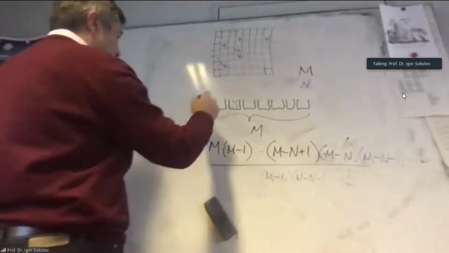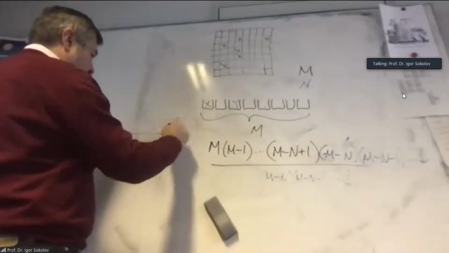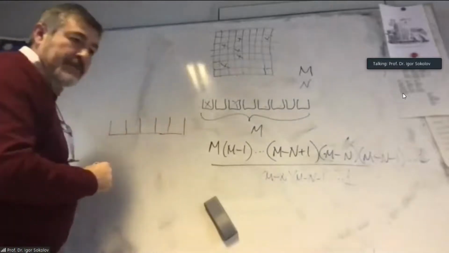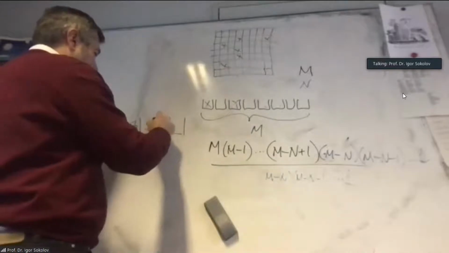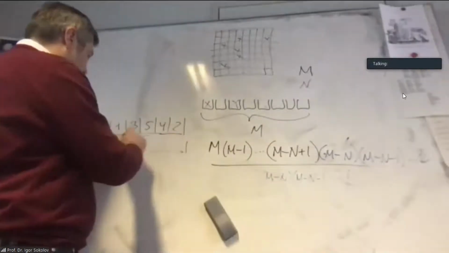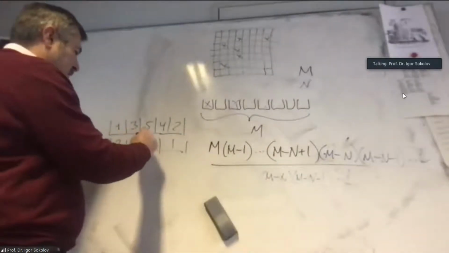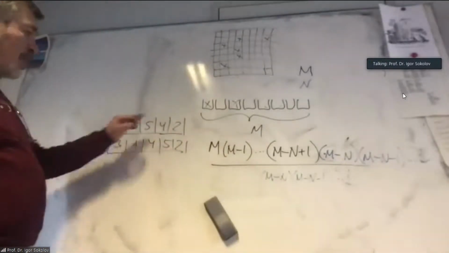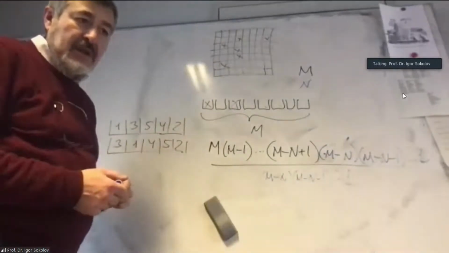Here I have N places, and I have, for example, first, third, fifth, fourth, second. And then here I have third, first, fourth, fifth, second. How many ways are there of renumbering the objects?